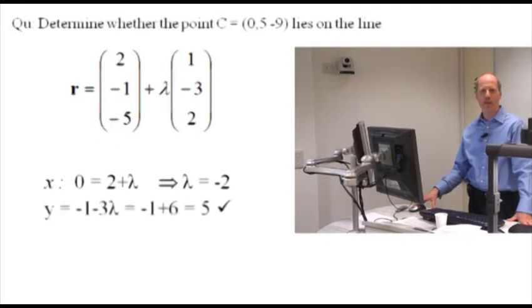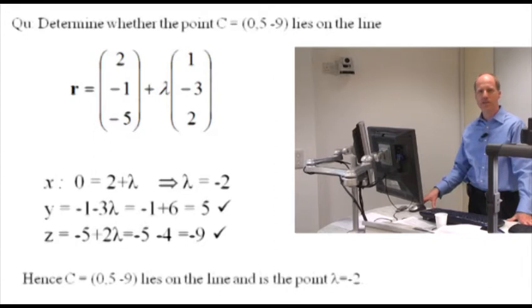For a point on the line, y is equal to -1 minus 3 lambda, and so at lambda equals -2, this gives us -1 plus 6, which is equal to 5 as required. And z is equal to -5 plus 2 lambda, which is equal to -5 minus 4, and equals -9. So all three equations are satisfied, and therefore this point does indeed lie on the line and corresponds to lambda equal to -2.